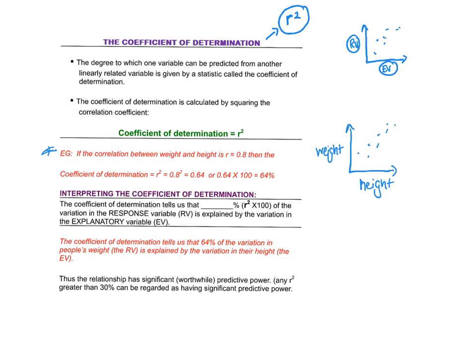They're saying the R value is 0.8. What strength would we say that is? We'd say it's strong. And it's a positive number, so the direction is positive. Now, if we square that number, you get 0.64. So 0.8 times 0.8 gives 0.64.